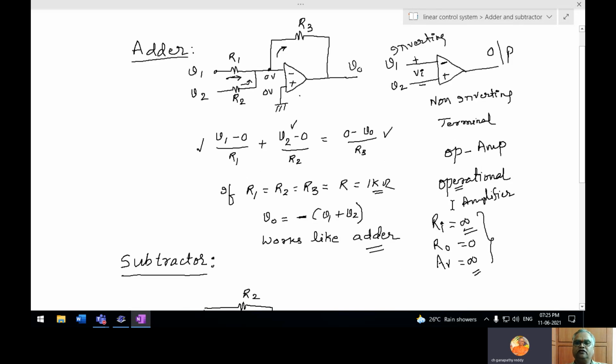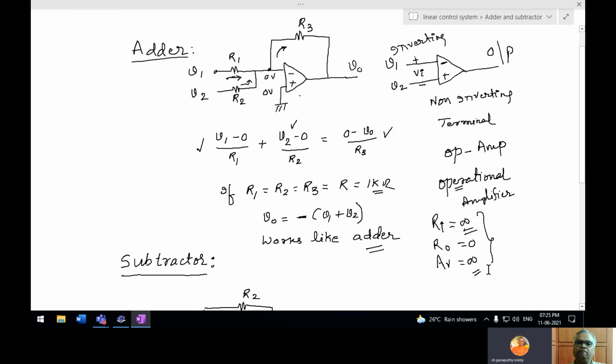The basic ideal op-amp characteristics, a few important ones, are: input resistance is infinite, output resistance is 0, and the open loop gain of the amplifier is infinite.